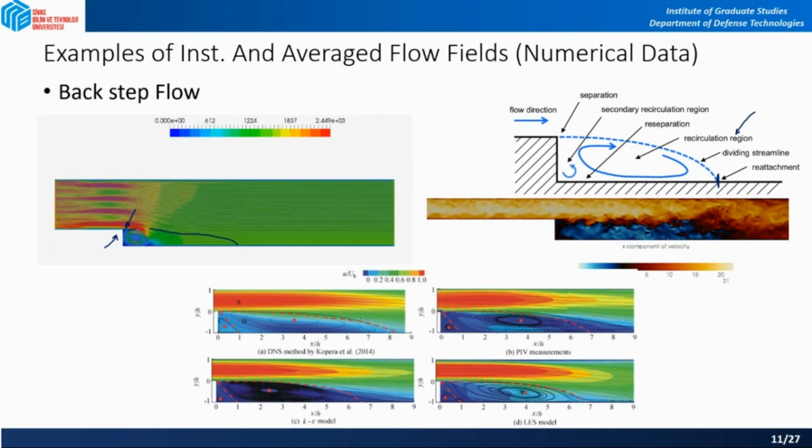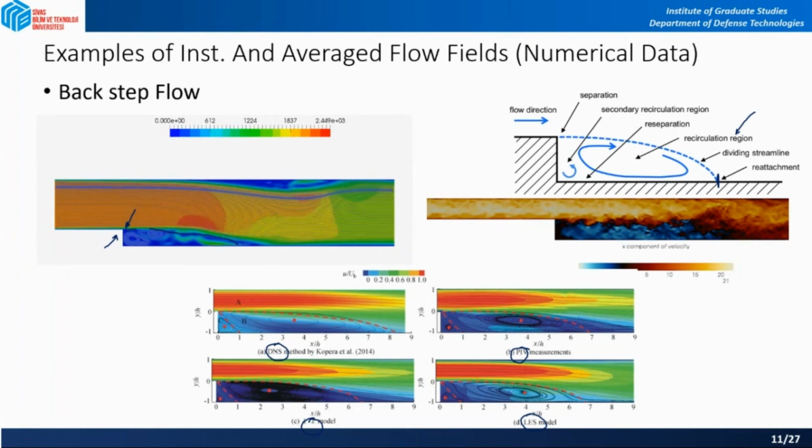So what you see in here is the comparison between different approaches. Different approaches like DNS and the PIV measurements, this is experimental, and then RANS, K epsilon, and then LES. So you will see that there is a very huge difference between these approaches. And the exact thing that you have will be your DNS method, because DNS is directly solving everything.